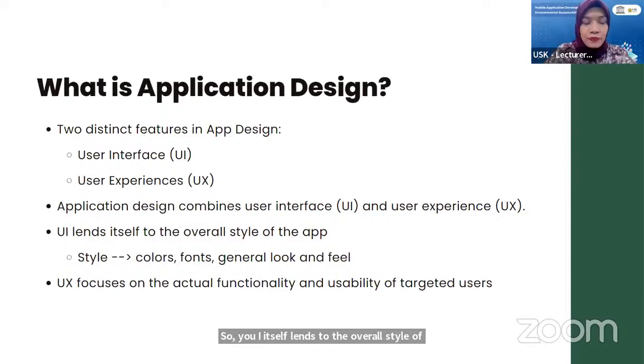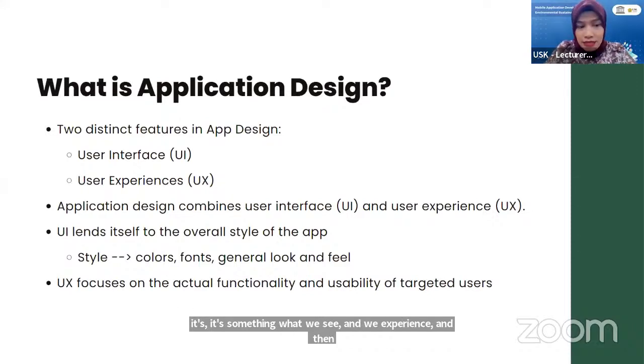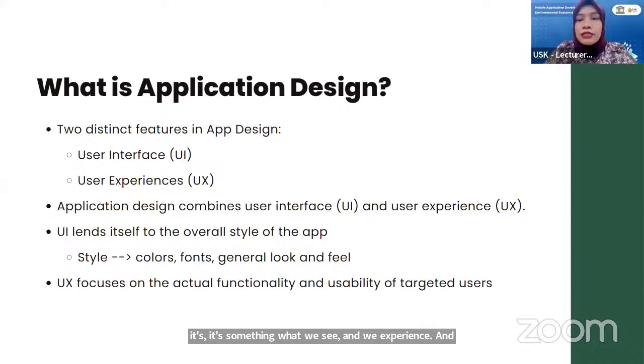It's about design, like colors, fonts, general look, and the components that we use in the UI. It's something we see and experience. And the UX focuses on the actual functionality of our application and its usability for target users. That means how the user feels when interacting with our application.